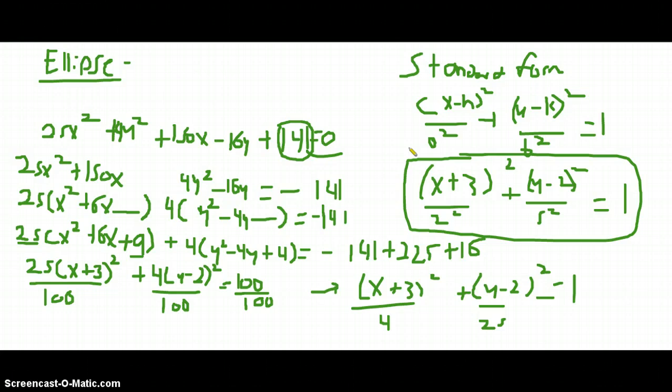But what does this mean? Well, in the standard form, this means that the center is going to be x minus h and y minus k. So h, k is the center. So the center would be negative 3, 2. And there are 2 radii, because with the ellipse there were unequal values.